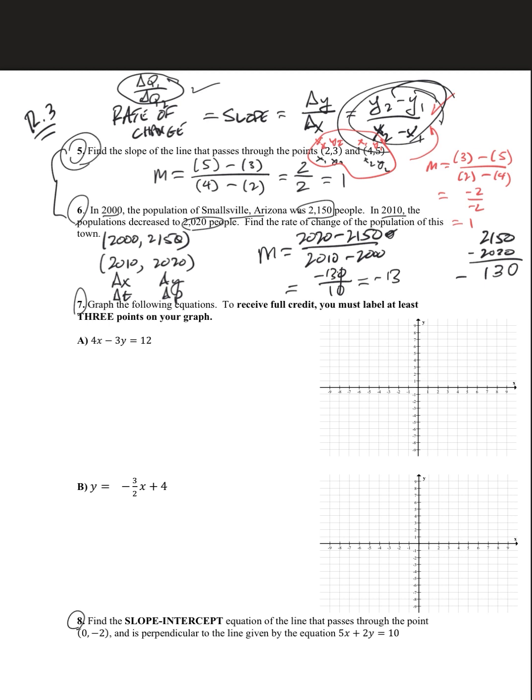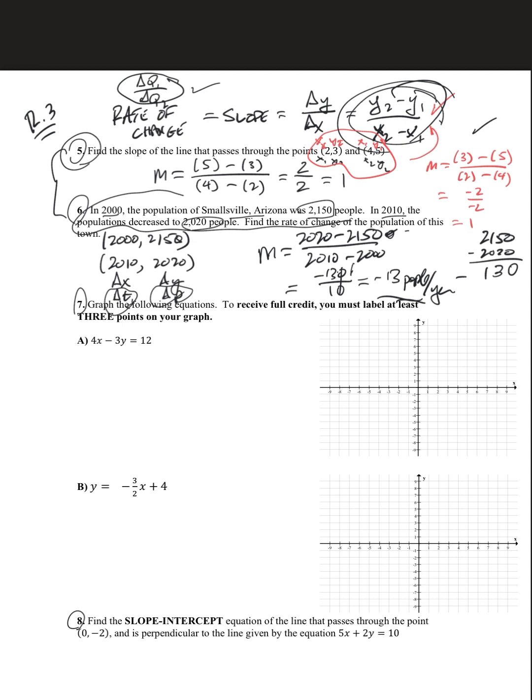Negative 13 what? Well, because this is a word problem, we have meaning. This would be people per year. So as opposed to problem number 5, where we're just moving from point to point that don't have any real life meaning, in this one the two changing quantities were time value in years and people value in people.